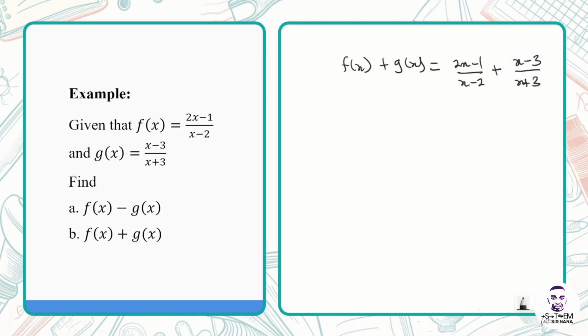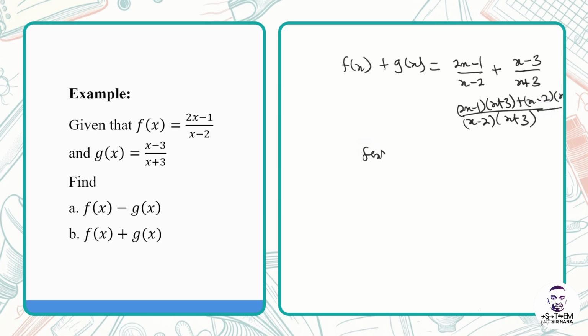So we are going to have, right, the LCM in this case being x minus 2, then x plus 3. So we go through the same process. It means that here we are going to have 2x minus 1, right, x plus 3, and then plus x minus 2, x minus 3, right?